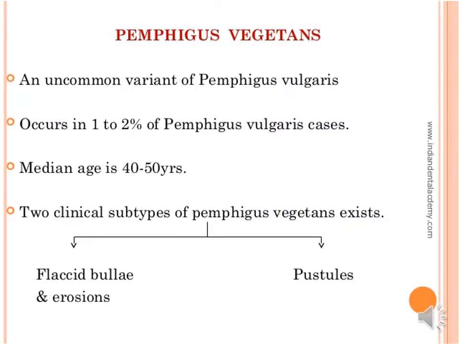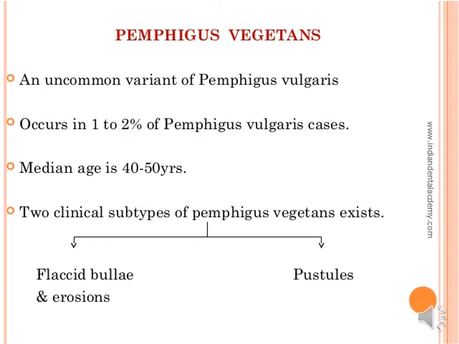Now, pemphigus vegetans, the second part of pemphigus. It is an uncommon variant of pemphigus vulgaris, occurring in 1 to 2% of pemphigus vulgaris cases. Median age is between 40 to 50 years.